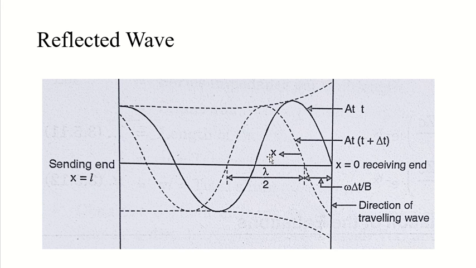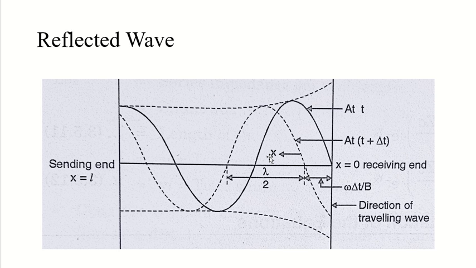So if the load impedance, what was my load impedance? It was ZL. So if ZL is equal to ZC, then what will happen? The line will be terminated in its characteristic impedance, and then the reflected voltage wave will be 0, right?